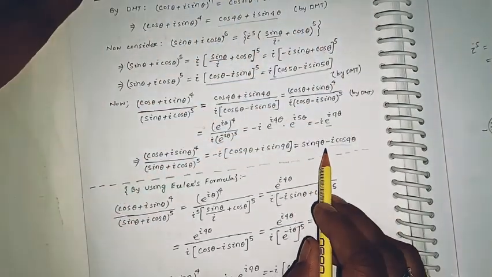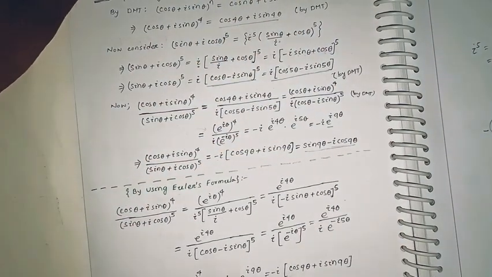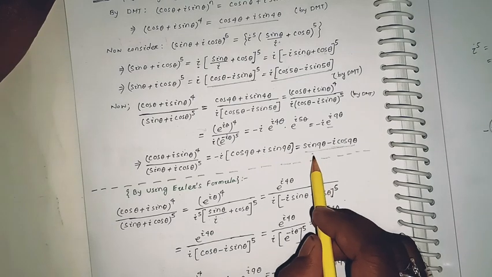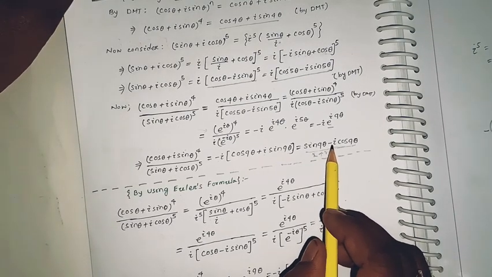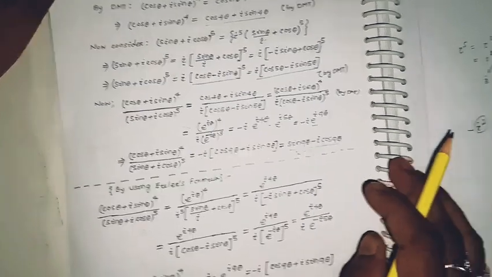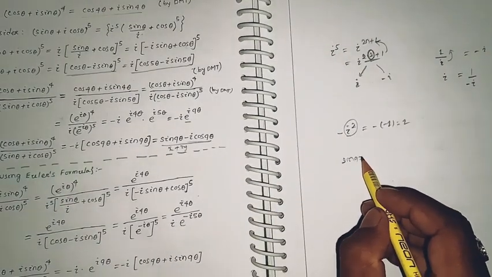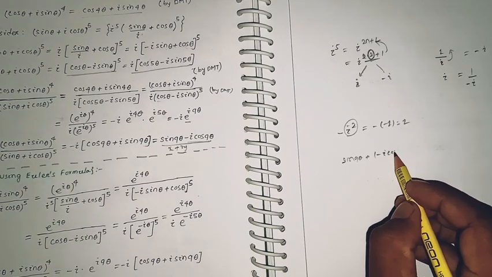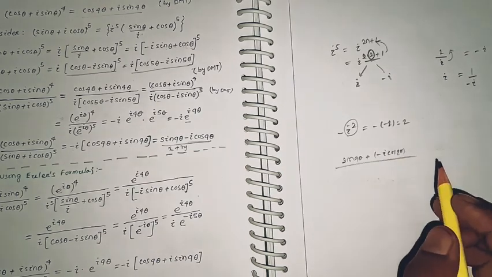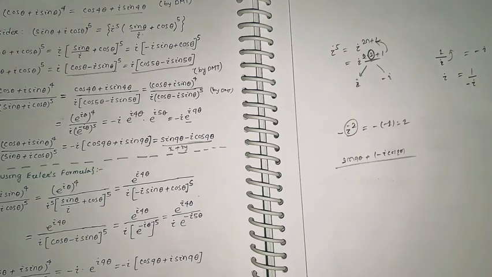That means sin 9 theta. So we got the answer, right? So this is in the form of x plus iy. You can see that the minus is there, so you can write it in this format: sin 9 theta plus minus i cos 9 theta. Okay, this is not an issue, no problem.